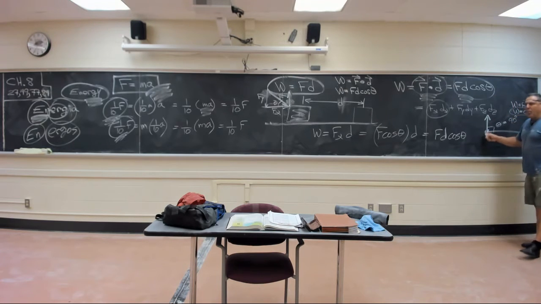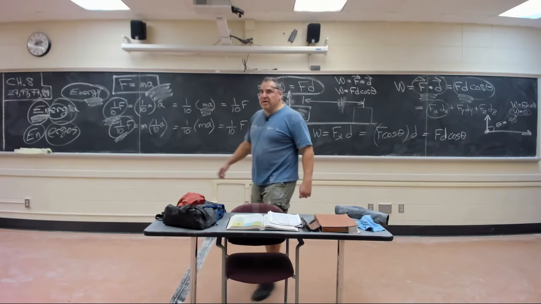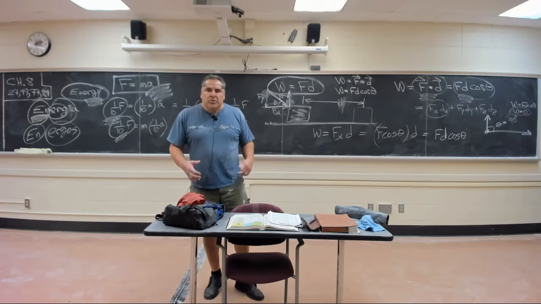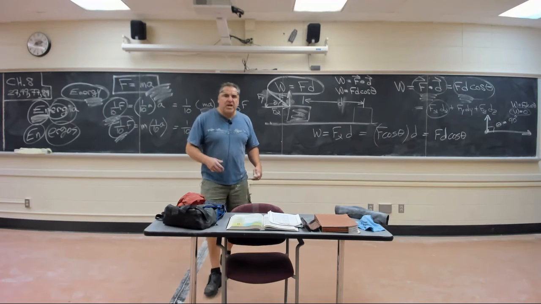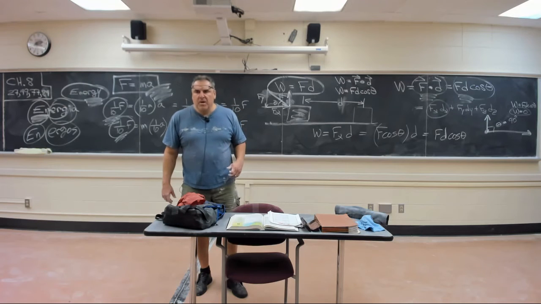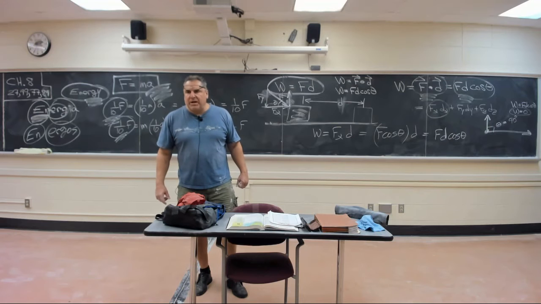If you picked up that 2,000 newton weight, that 200 kilogram mass on Earth, with Earth having the g of 9.81 meters per second squared, it's roughly 2,000 newtons.